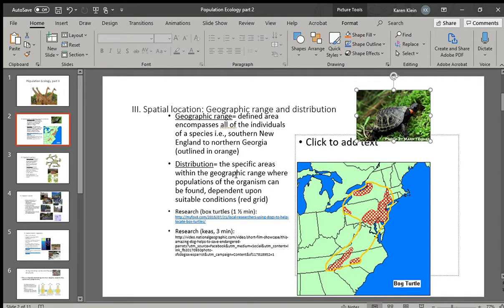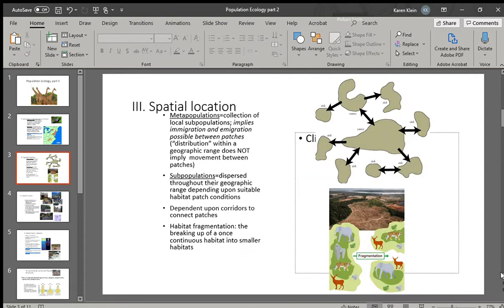Now their distribution is where they are specifically found within their geographic range. So whereas the orange line covers their geographic range, specifically where they are documented here is in this red grid. That would be considered their distribution. Now, as far as spatial population ecology, while distribution is important, we also have a bit more of a complex concept as far as populations are concerned.